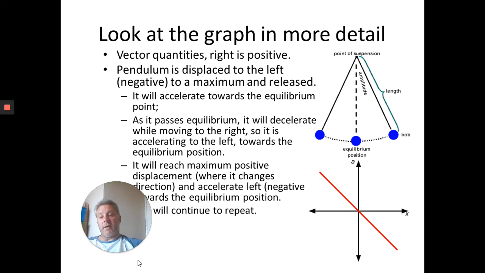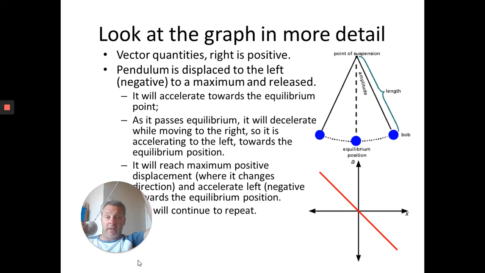So if we take our pendulum again, now I'm going to displace it to my left. It might not be to your left, but anyway, displace it to my left. It's going to accelerate this way towards the equilibrium position. And it has its maximum acceleration when it's at its maximum displacement out here.